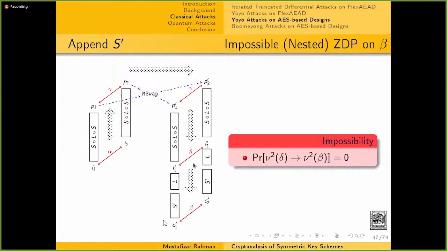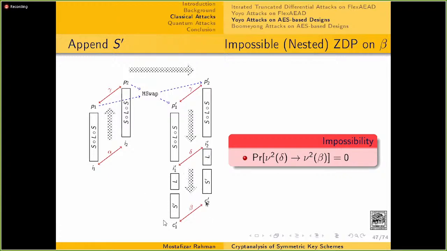Now here, how are we imposing the impossibility? We take some initial difference, and then we expect some zero difference pattern. And from here to here, we are actually imposing the impossibility.